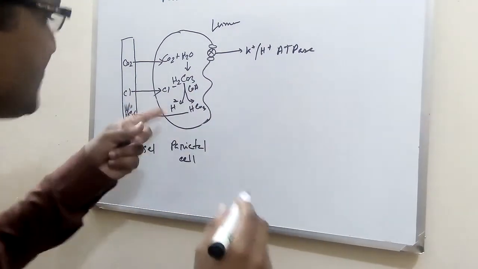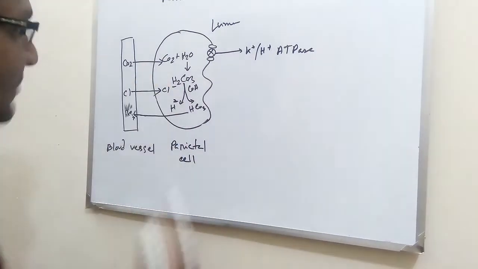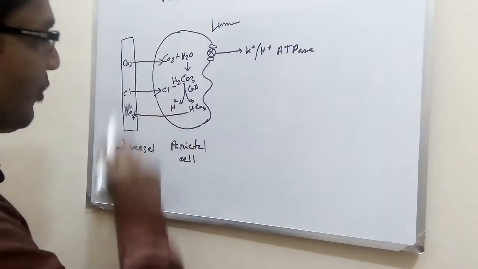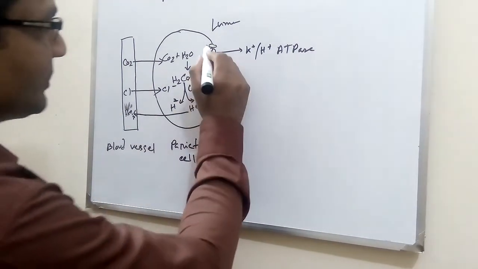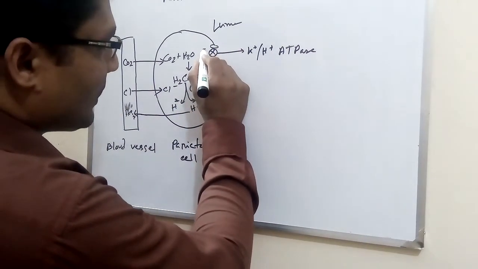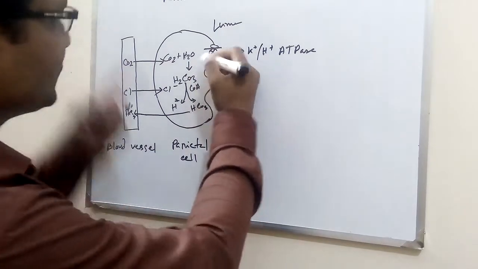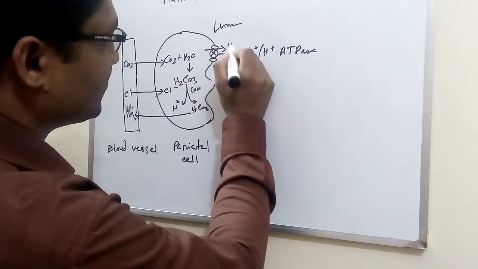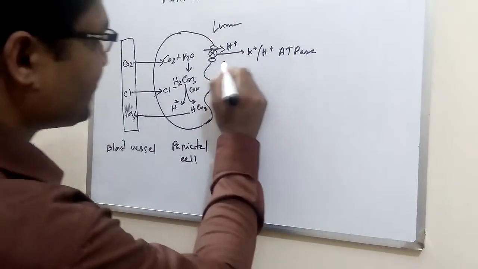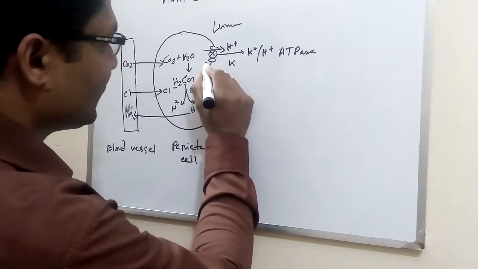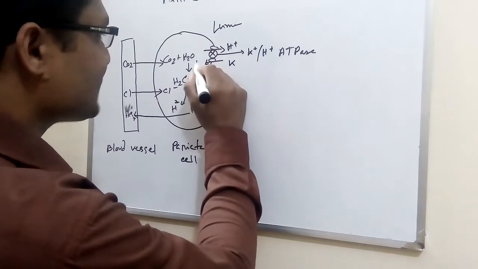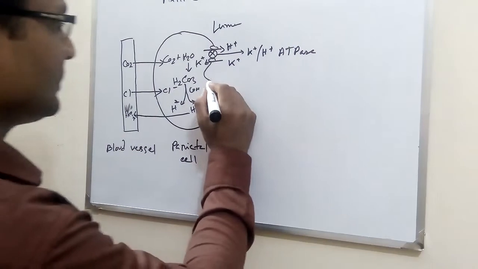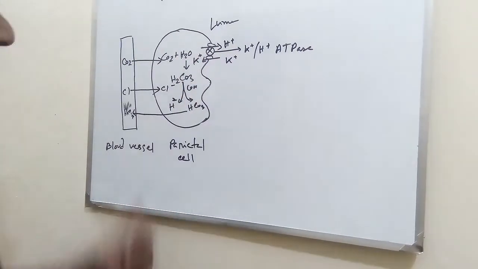So when carbonic acid splits into hydrogen and bicarbonate, then the proton, or hydrogen ion, goes from the parietal cell to the lumen, and by exchanging, potassium enters into the parietal cell from the lumen.